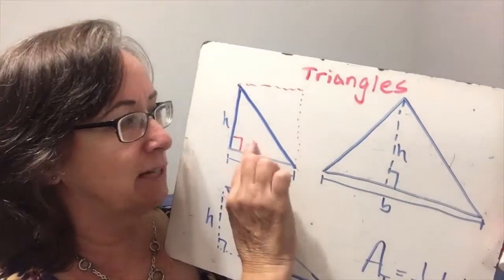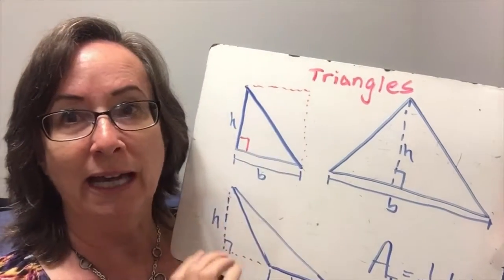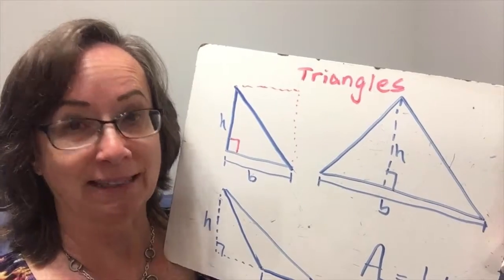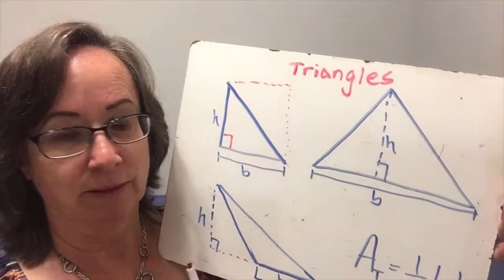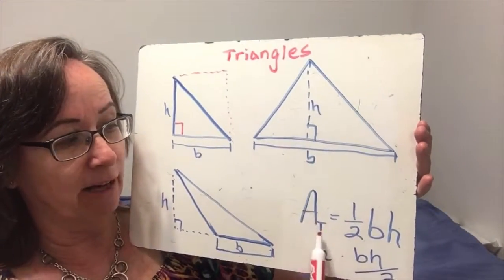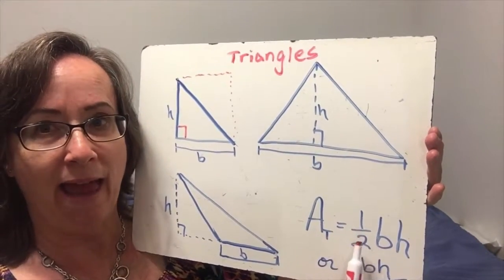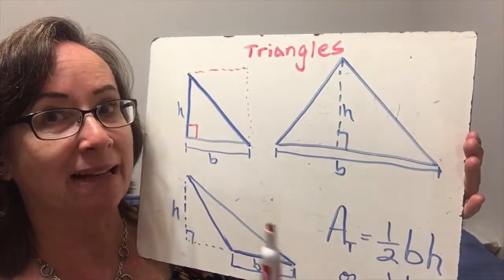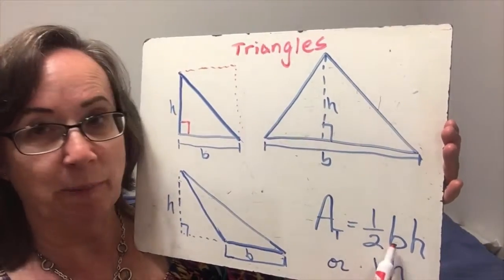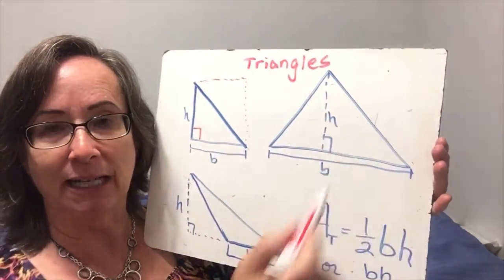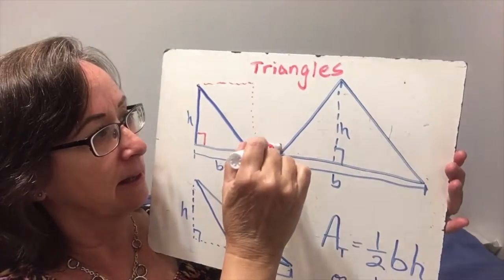If I just took that triangle and flipped it over, it would fill up the other part of that rectangle. So that is an illustration that the area of a triangle is 1/2 the area of the rectangle that would enclose it, which is base times height. Okay, so let's look at this one. Does it work with this one?